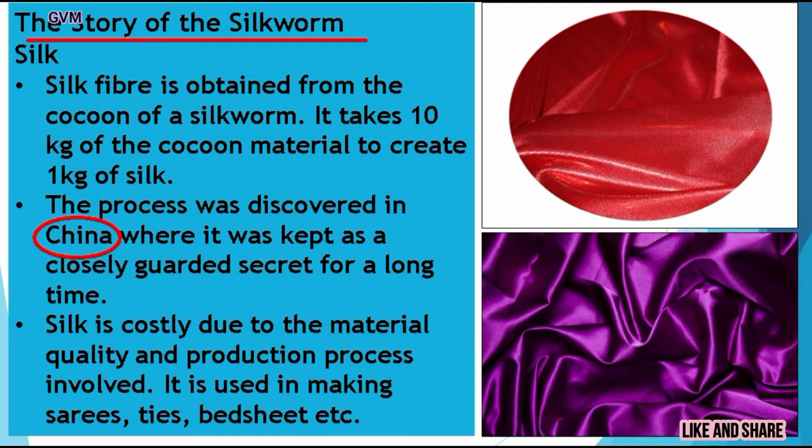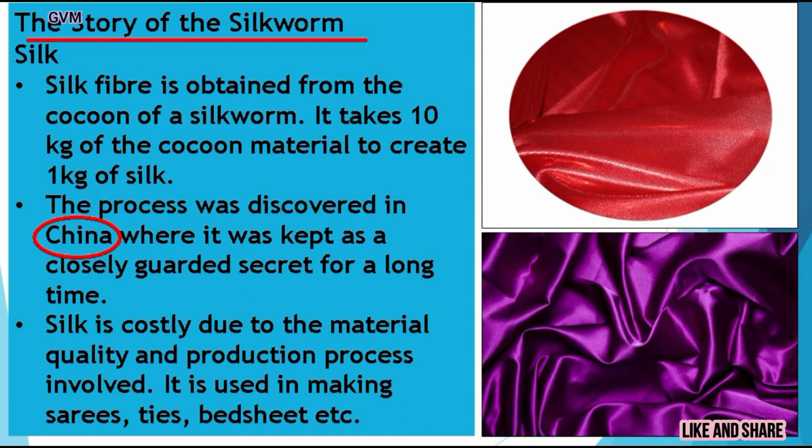And students, when China discovered this process, it was kept by them as a closely guarded secret for a long time. And as I said, to create just 1 kg of silk needs 10 kg of cocoon material.